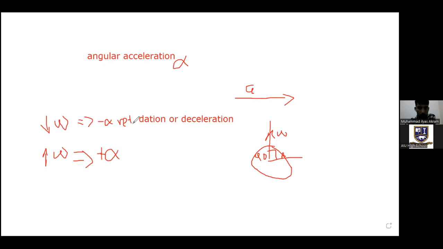Now, the formula we use to calculate the angular acceleration of the object is similar to the one we used in linear motion. Alpha is equal to omega final minus omega initial, that is, the final angular velocity minus the initial angular velocity of the object moving in the circle, divided by the time, delta t.